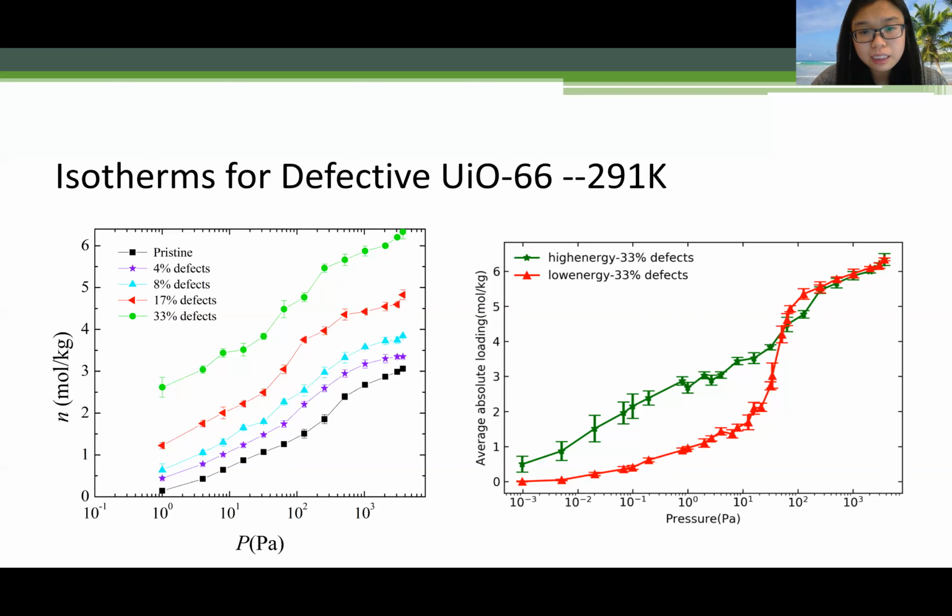The red one is the structure with the lowest energy, and the blue one is the structure with the highest energy. You can see there is a big difference at low pressure. So our guess is that the lower energy structure somehow prohibits IPA bonded to the added OH.